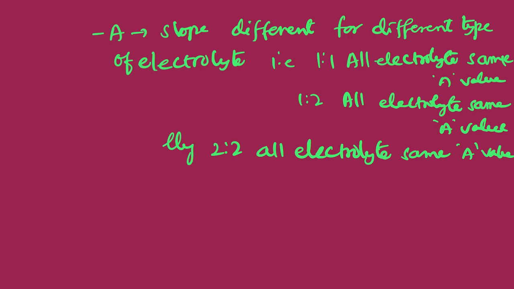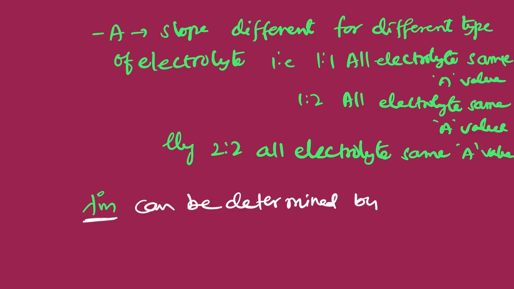Now we know that lambda naught m for a strong electrolyte can be determined by using the Debye-Hückel-Onsager equation.